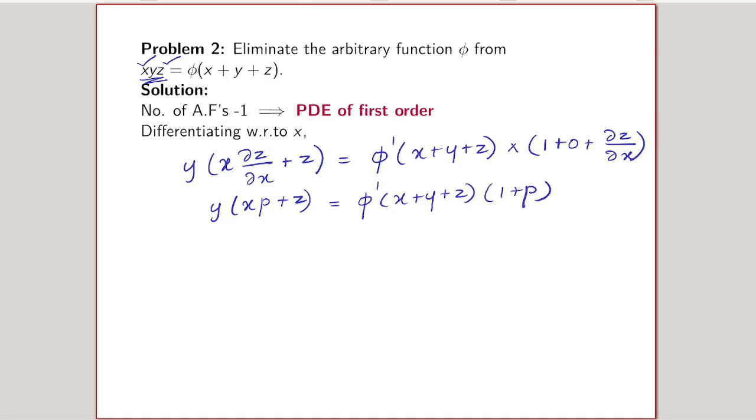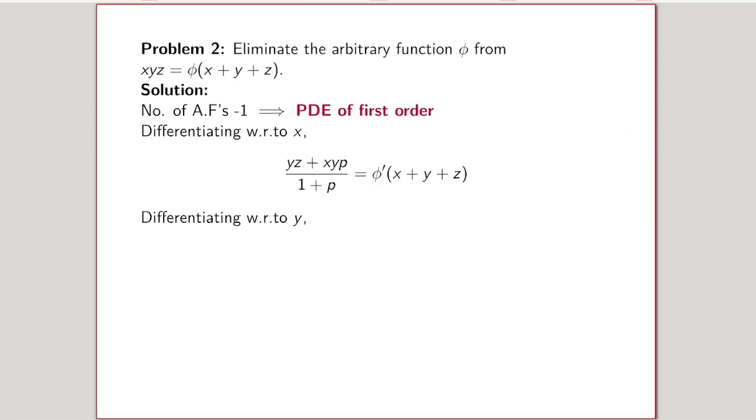Now we can write this as yz plus xyp divided by 1 plus p, which is equal to phi dash of x plus y plus z. So this is the equation we will be obtaining while differentiating the given relation with respect to x.